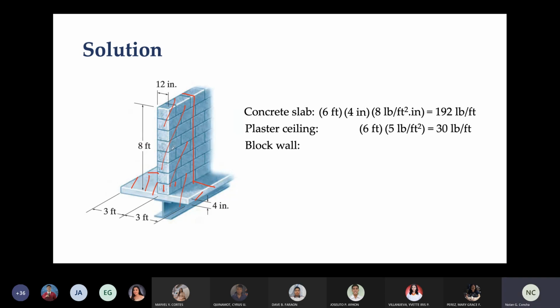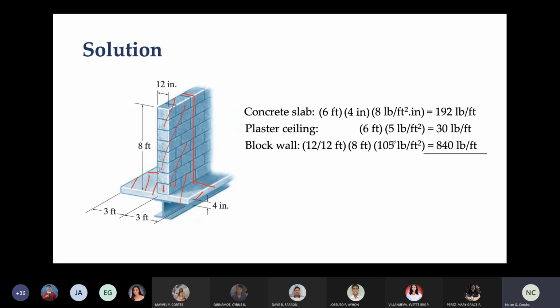And for the block wall, again, I need the thickness and then the height, and then I multiply it by the unit weight. So 12 inches in feet, you have 1 foot. The height is 8 feet, and the unit weight is 105 pounds per square foot. And again, we simplify this, we have 840 pounds per foot.